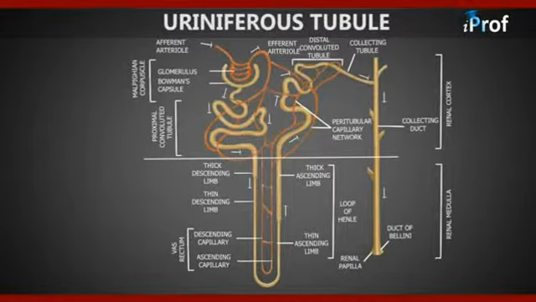From the glomerulus, efferent arterioles given out through Bowman's capsule. That is collecting tubules. It is called the PCT, proximal convoluted tubule. A small neck is present in between Bowman's capsule and PCT.